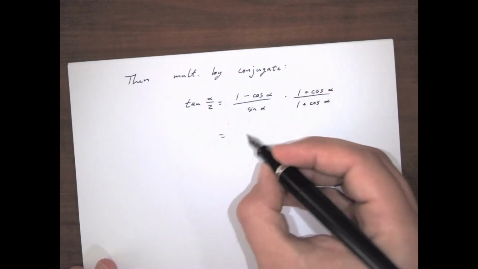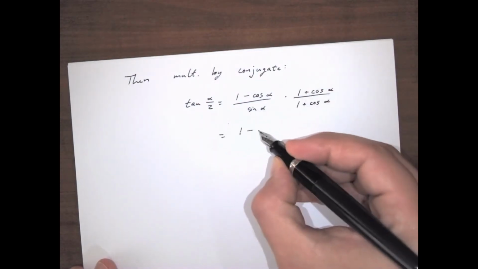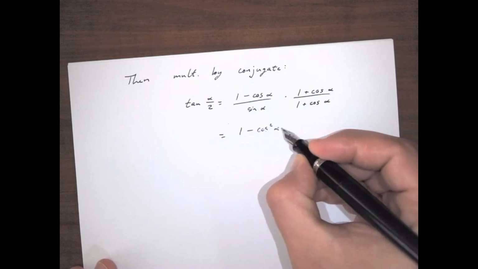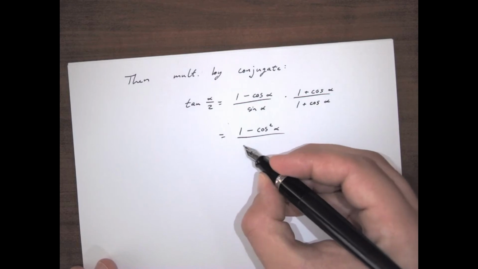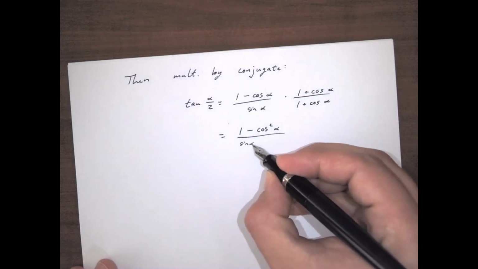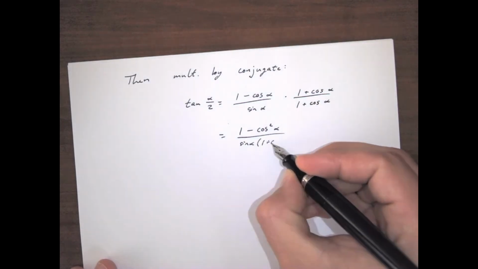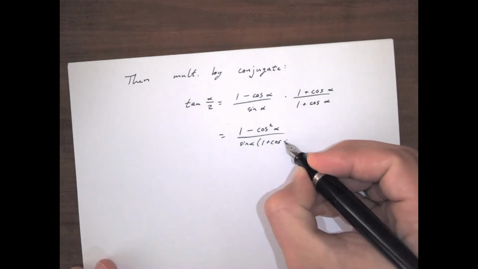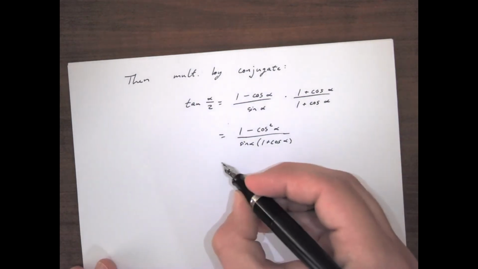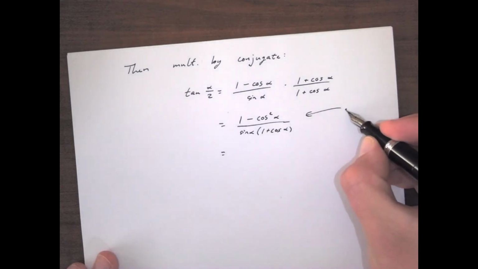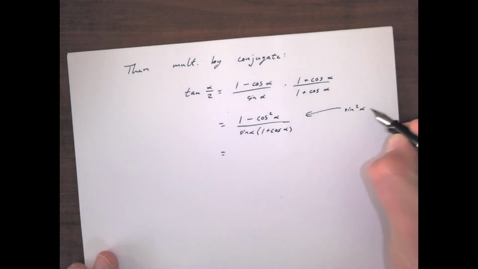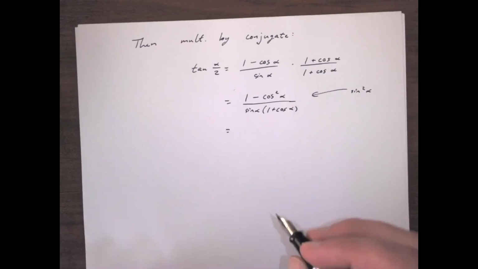And then that's going to make a 1 minus cosine squared alpha, the difference of squares, all divided by sine alpha times 1 plus cosine alpha, which by the Pythagorean identity is just the same as sine squared alpha on the top.